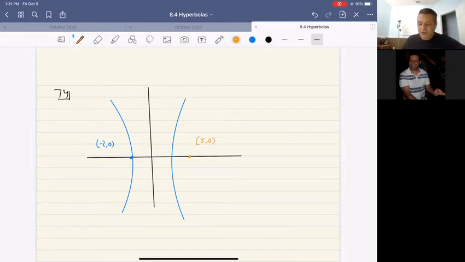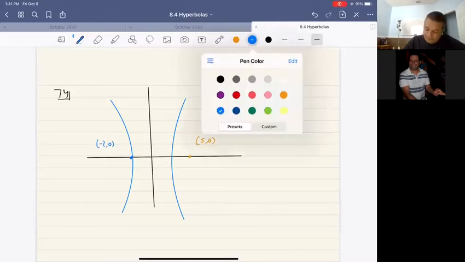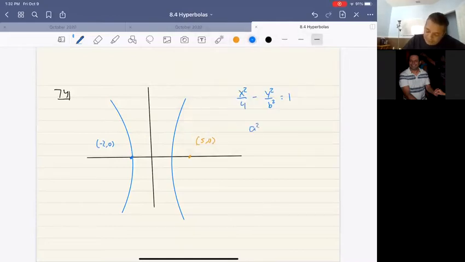So we know it's got to be of the form x squared over 4 minus y squared over b squared equals 1. We know c. C has to be 5. So we know a squared plus b squared equals c squared, which is 25, or 5 squared.